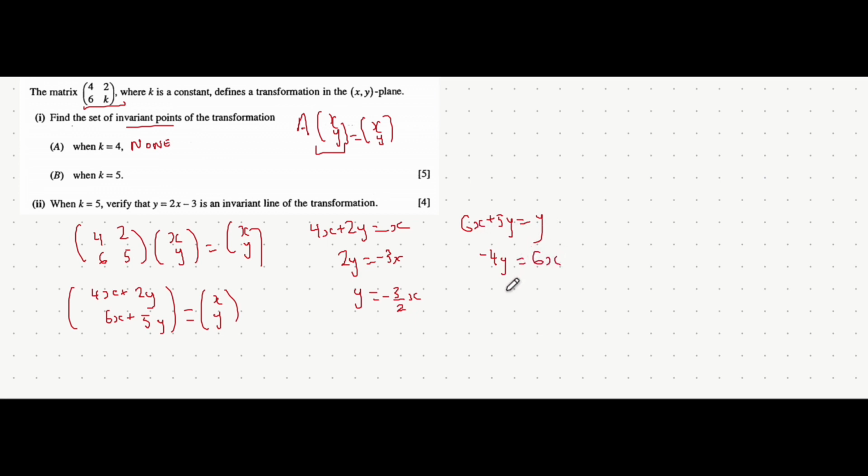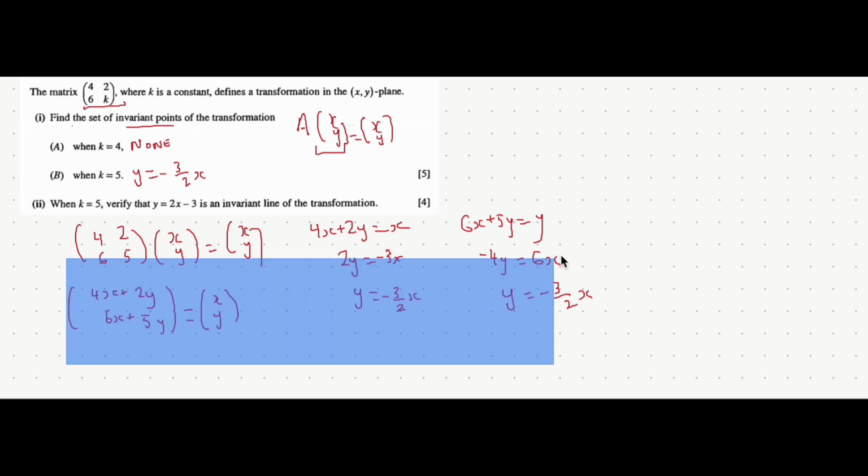Then we divide both sides by minus 4 to get y is equal to minus 6 over 4 x. Now 6 over 4 is just 3 over 2, so I'm going to write this as minus 3 over 2 x. Here we see the equation for y in terms of x matches, and that's what tells you that y equals minus 3 over 2 x is a line of invariant points in this instance.